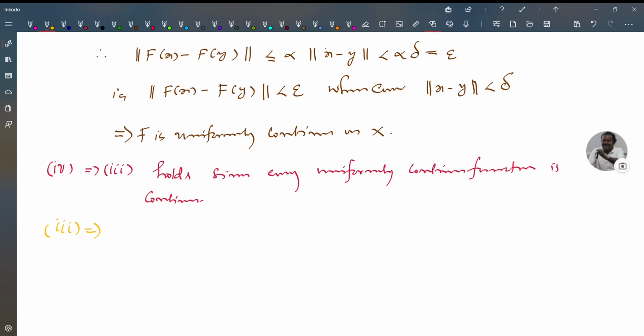For 3 implies 2, since f is continuous on X, it is continuous at each point of X. That is, f is continuous at 0.